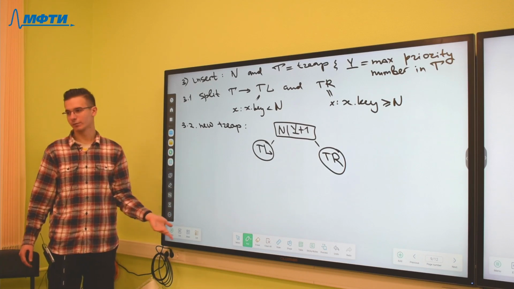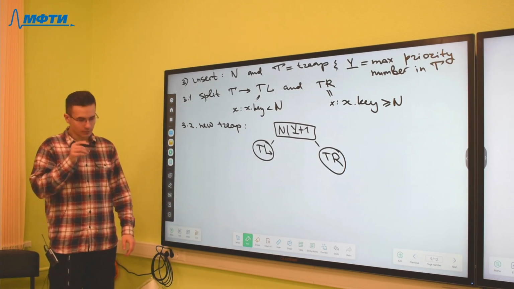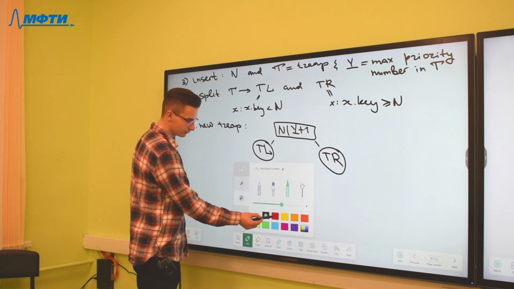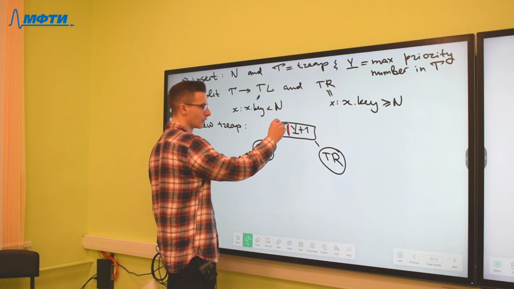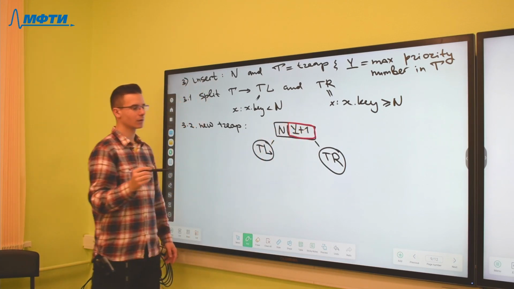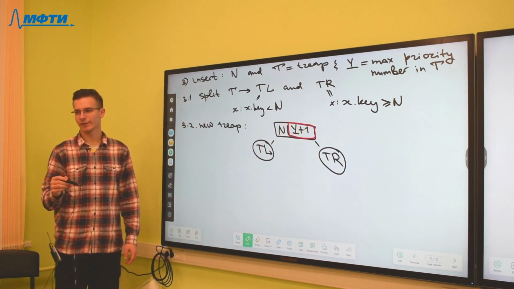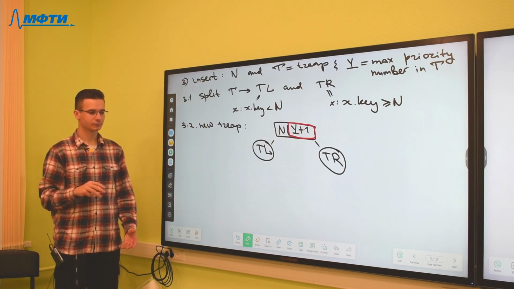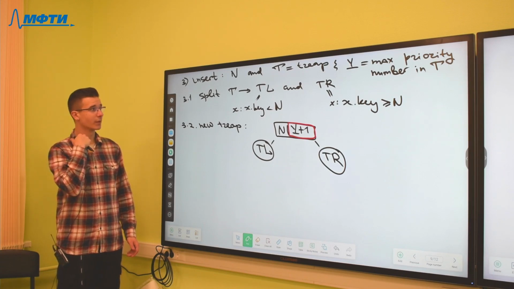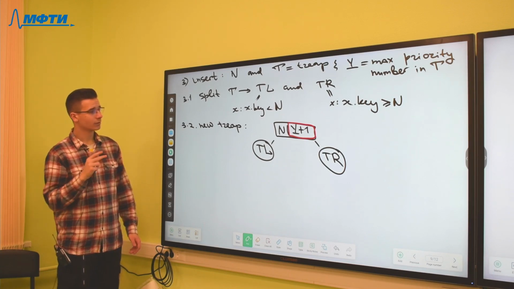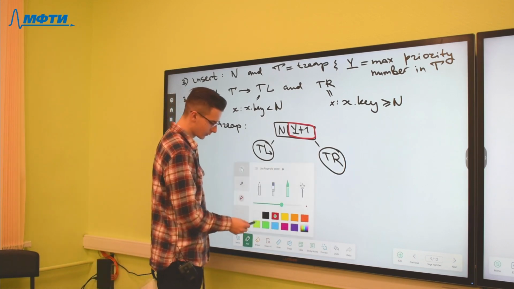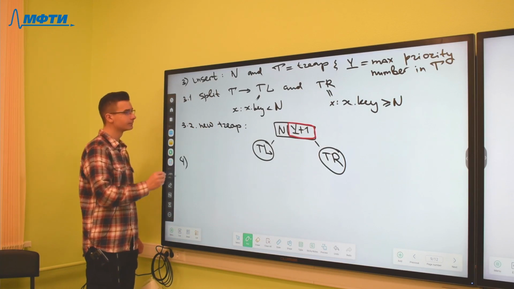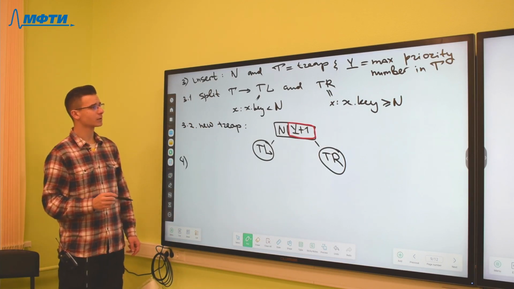So it is a treap. Of course, it works due to this possibility of our algorithm, because the priority number is a number that we made in the treap. So it's about insertion.